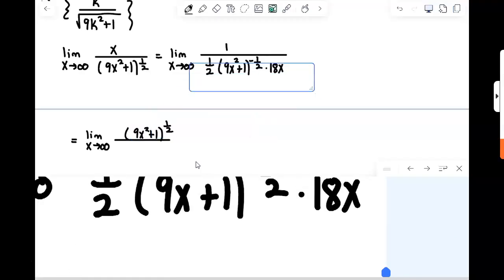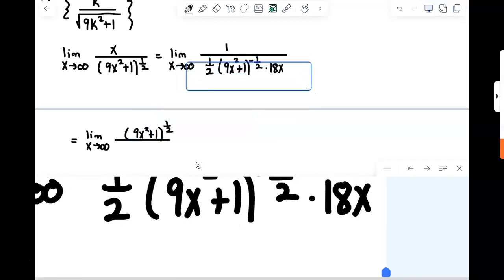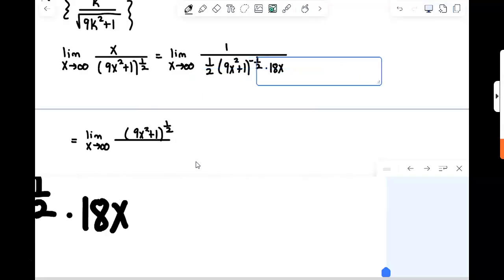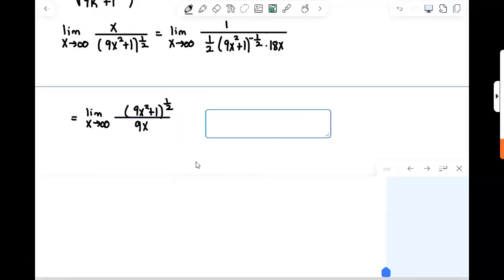And in the bottom there, we're going to have a 2, which will cancel with the 18. So that'll all be over 9x. We got a little bit of a problem.